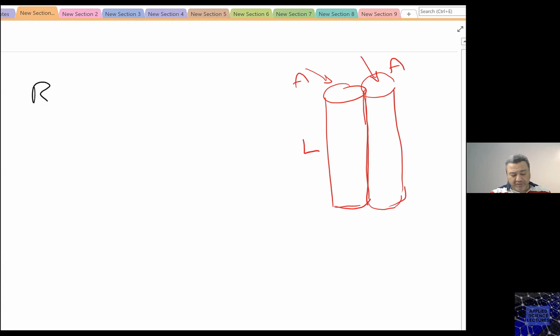Now I know that this R parallel in this case equals rho times L. They have the same length. Now this new resistance has the same length divided by the summation of those cross sections. So it will be A plus A.